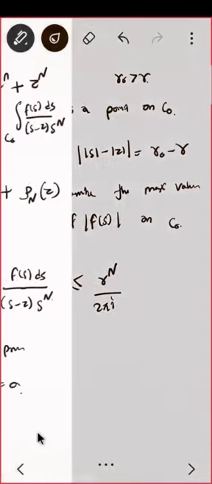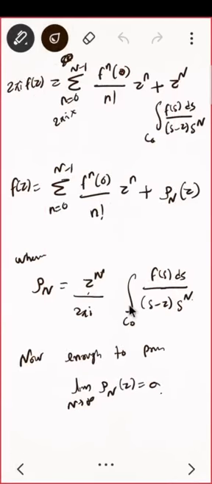So the first part is done, and in the integral, mod of this is less than M, and mod of s minus z is at least r naught minus r, and this is r naught raised to n again, and the integral will be just the perimeter, that is 2 pi r naught.